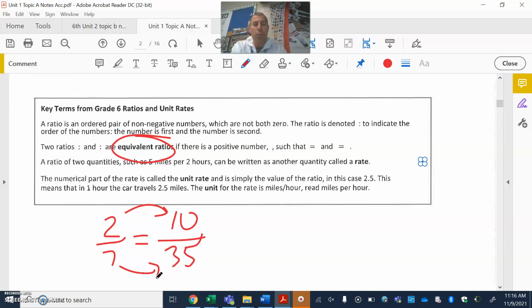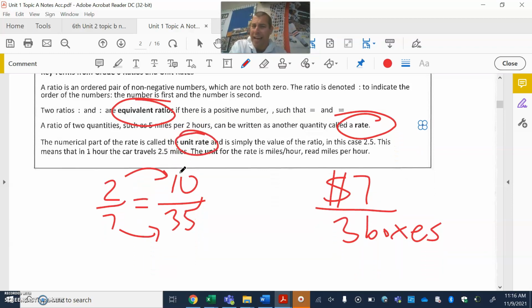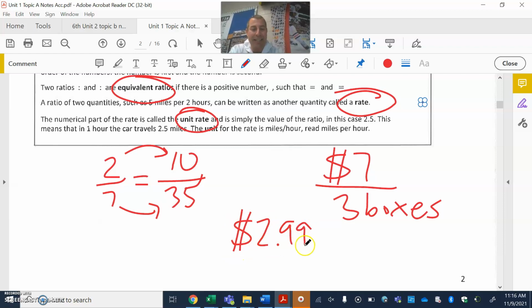So we got our friend the rate. A rate is a ratio with words. So it's like saying it's $7 for the 3 boxes of cereal. That's a rate. We get more specific and we have what's called a unit rate. And a unit rate is how much for one. So we see that at the grocery store when we see something like $2.99 for the 1 pound.